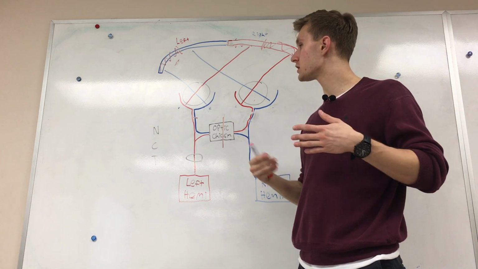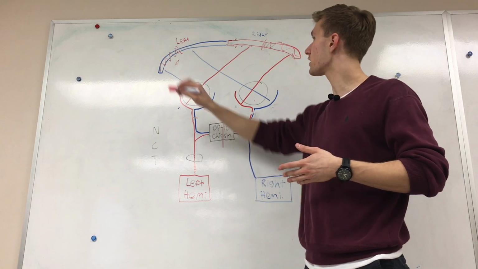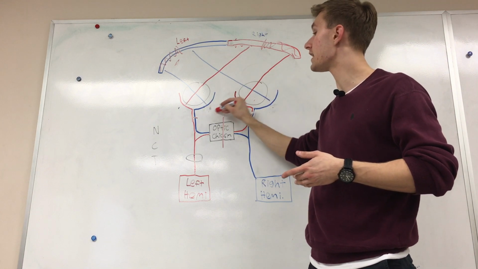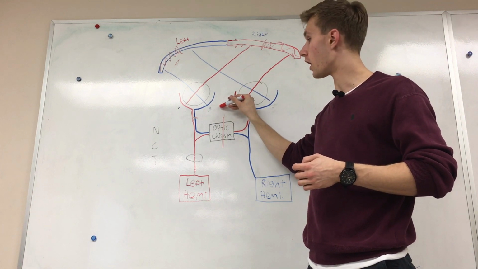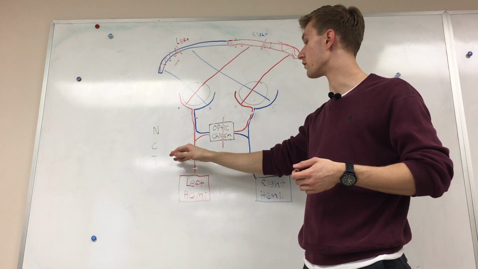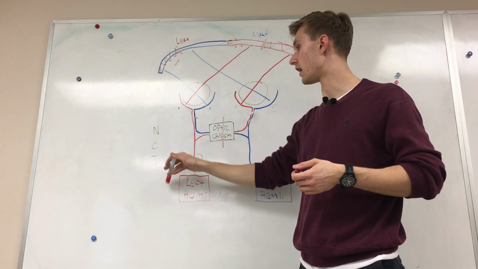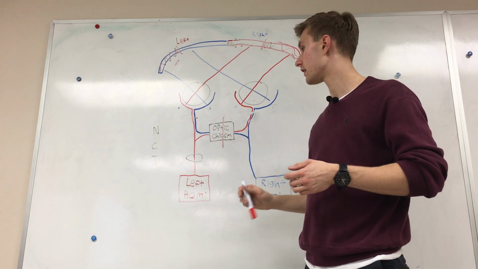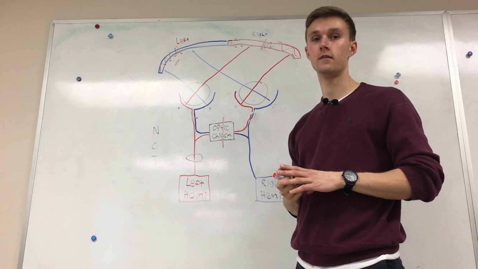But the principles apply. Just look at the visual field, understand that the nasal crosses over, understand that they've converged by the optic tract, so again, NCT, and you should be fine.